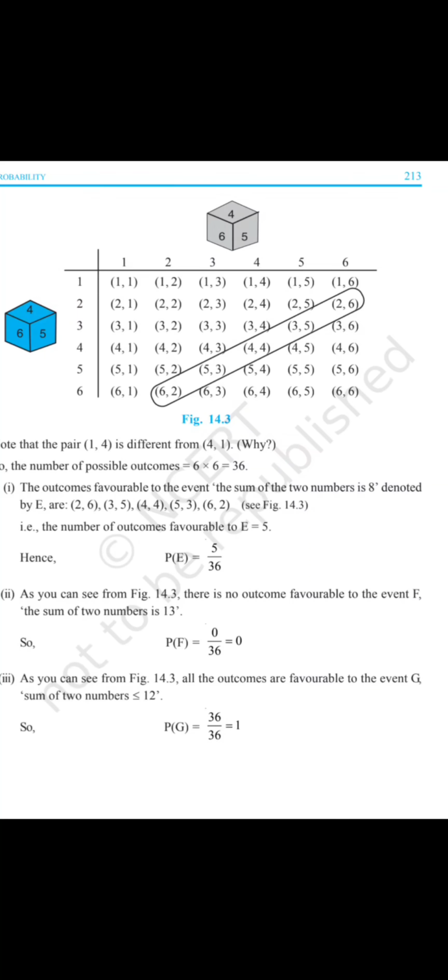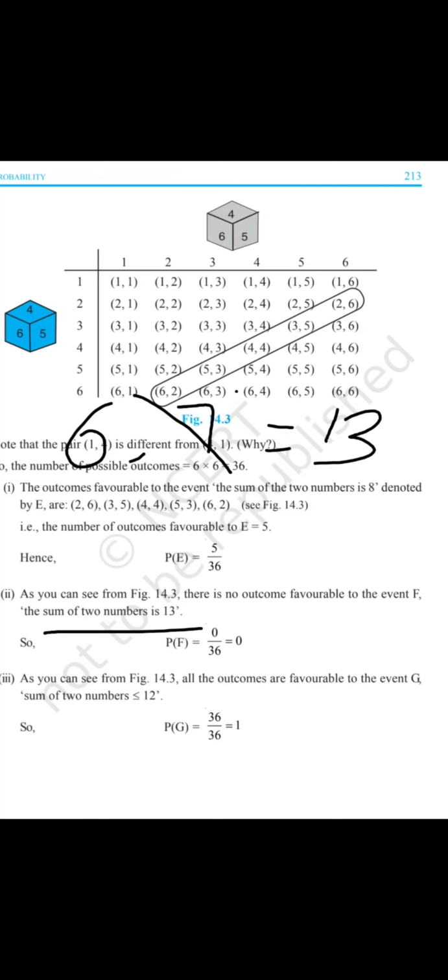Same thing for the favorable outcome of sum 13. It won't be possible, because 6 is the maximum, so 6 plus 6 is 12. If you take 6 and 7 it is 13, so 7 is not possible. 8 and 5 is 13, so 8 is not possible. So the total outcome is 0.